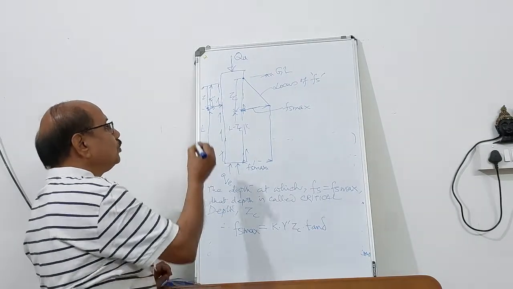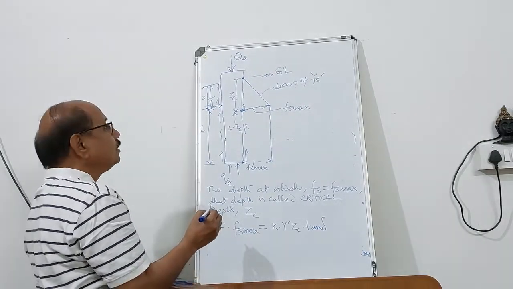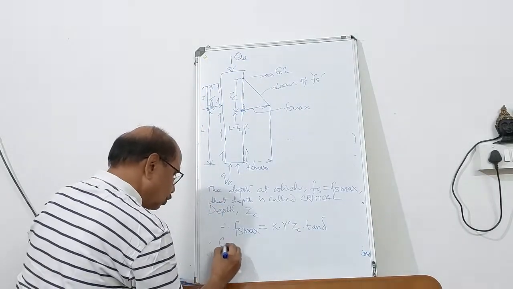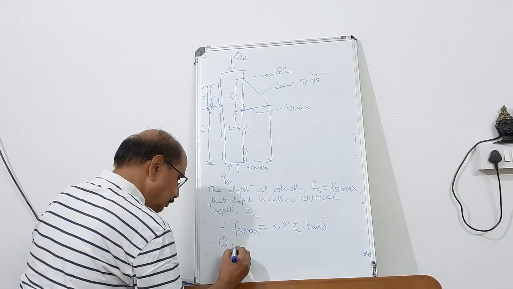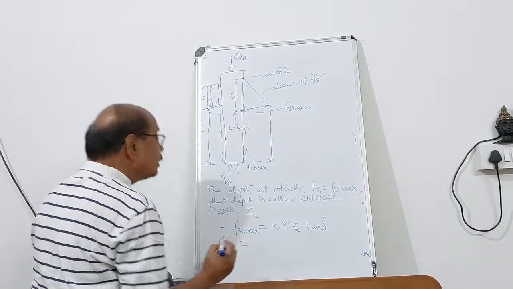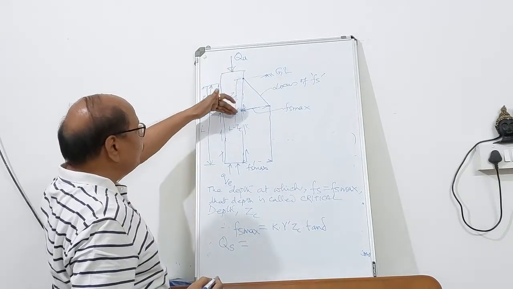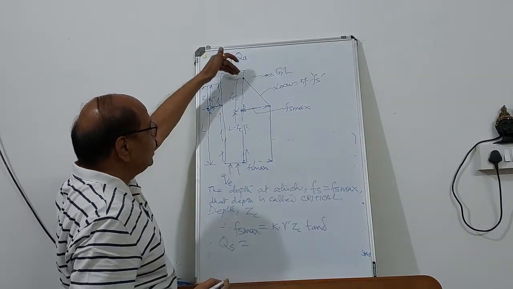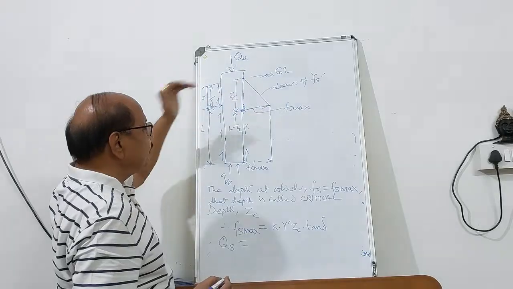Now, if you want to find out the skin friction, so the skin friction Qs will be up to depth Z critical, it is going to linearly vary and achieving the maximum.